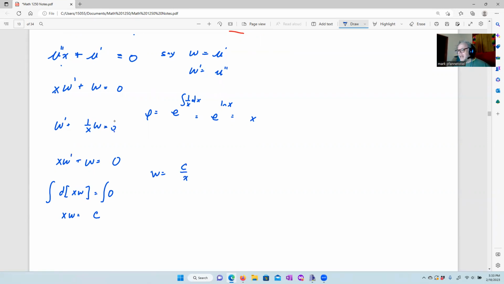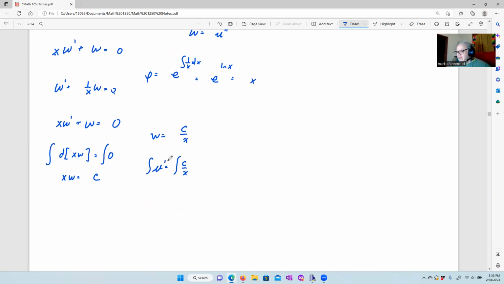What was w again? w was u tick equals c over x. Now we have to integrate this guy. So u is equal to c1 times, now we have to integrate this guy here, that's just going to be ln x, plus c2. Okay, c1 ln x plus c2.